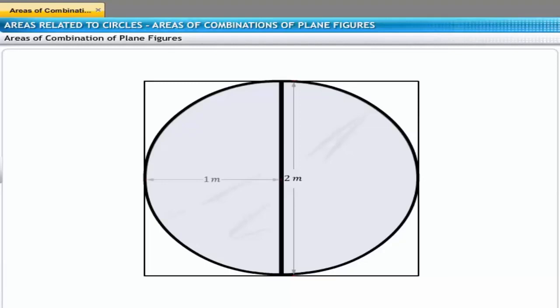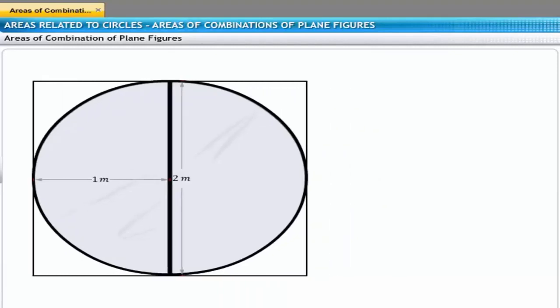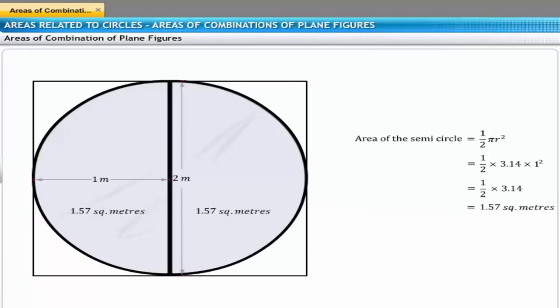This implies that the radius is 1 meter. Recall that the area of the semicircle is half pi r square. Therefore, the area is equal to 1.57 square meters. Therefore, the area of the glass required to make the door is 2 times 1.57 square meters, that is 3.14 square meters.